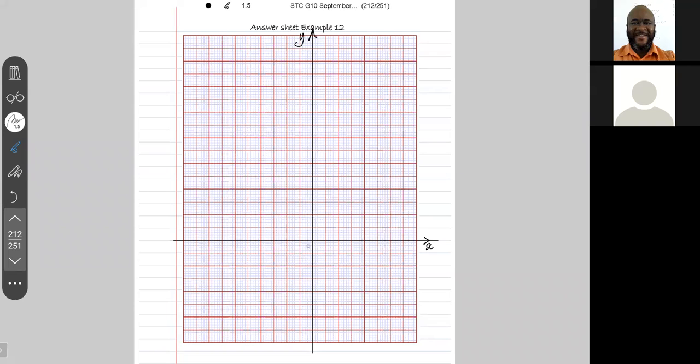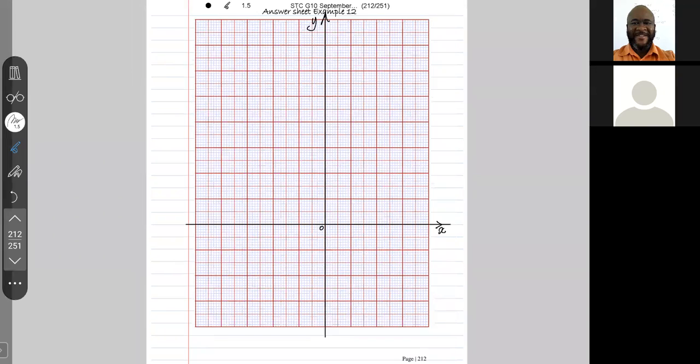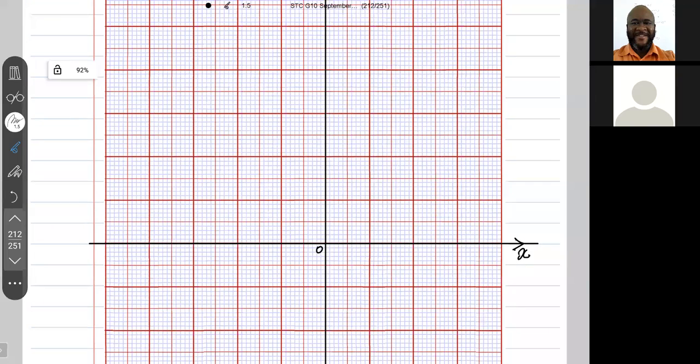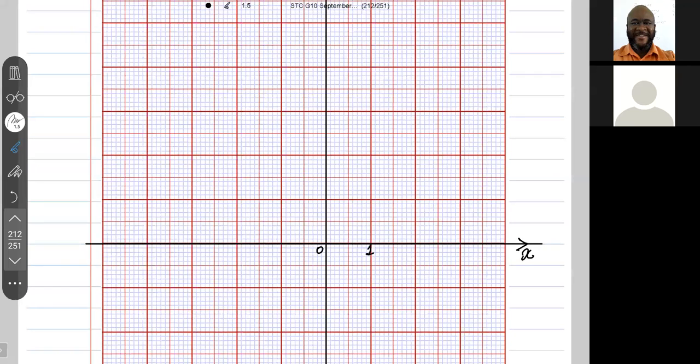So let's label 0. The scale on the x-axis is 2 centimeters to 1. Every 2 centimeters, the number goes up by 1. So 1 centimeter, 2 centimeters, 1. So this is 1, then 2, 3, 4.